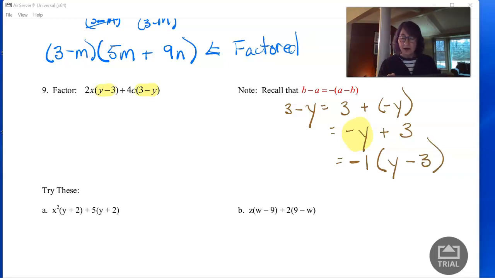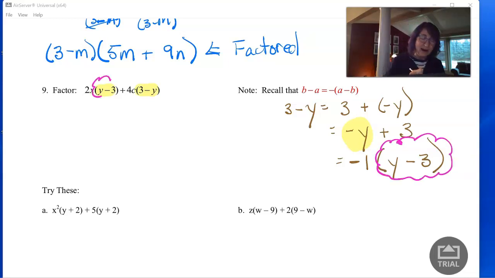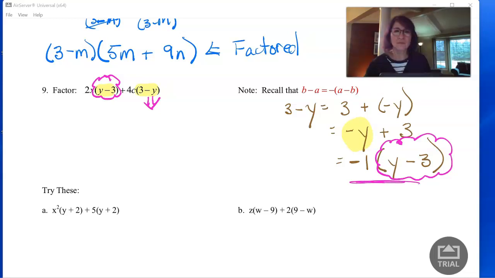Now I've got a y - 3 and a y - 3. So I can substitute for that 3 minus y. I can substitute this whole thing. So we're going to go ahead and substitute this -1 times (y - 3) in for that 3 minus y.